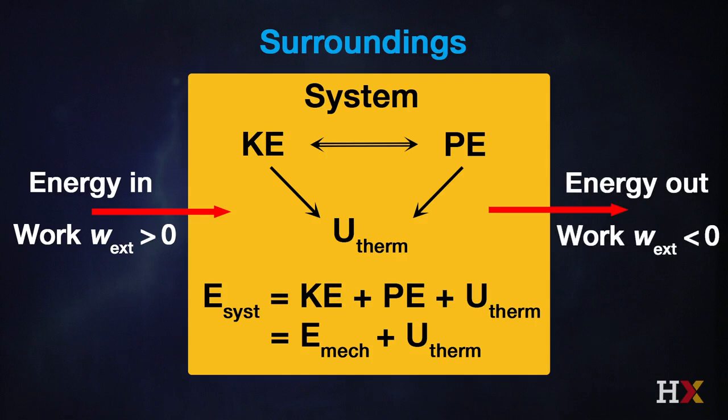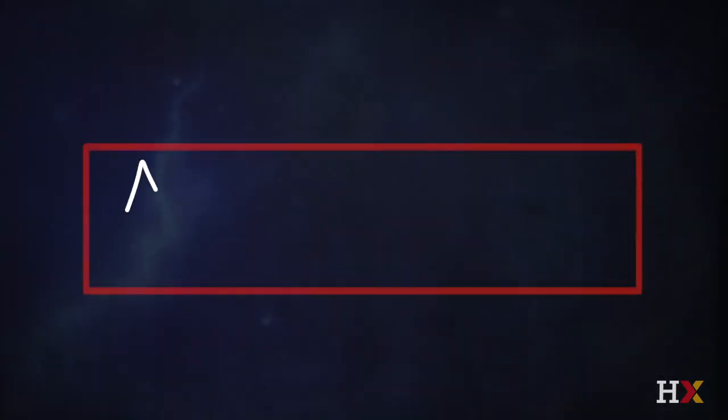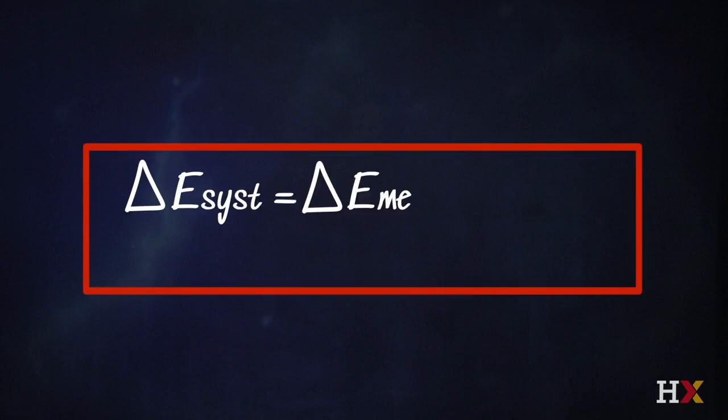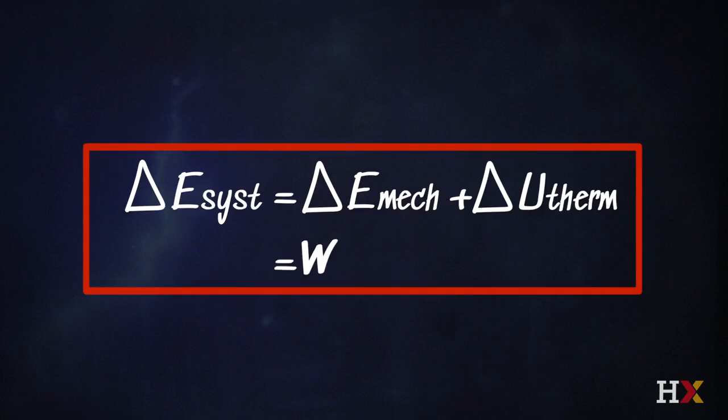So the external work is less than zero when the system is doing work on the surroundings. External work is greater than zero when the surroundings are doing work on the system. And finally, we can write that our change in the energy of the system, which is the sum of the mechanical and thermal energy, is exactly equal to the work done externally by the system or on the system.